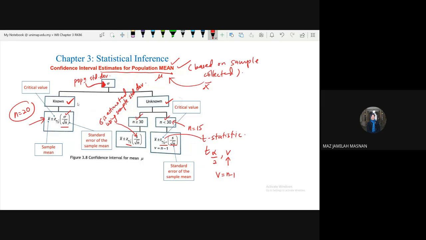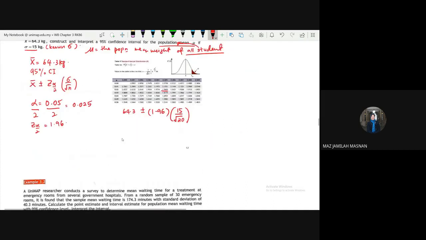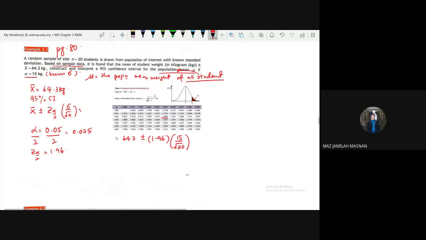Once you know that your sigma is known, you have to use this formula, regardless of what your sample size is. But if your sigma is unknown, then you have to watch out which condition refers to your problem. So in this case, that's why we're still using this formula.